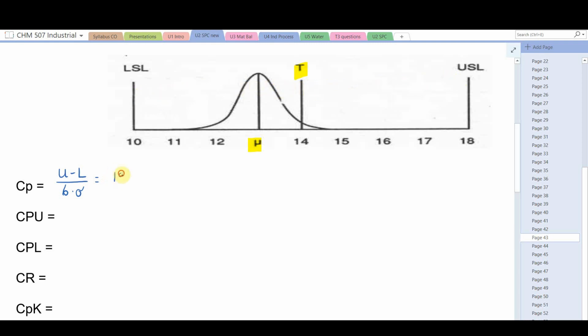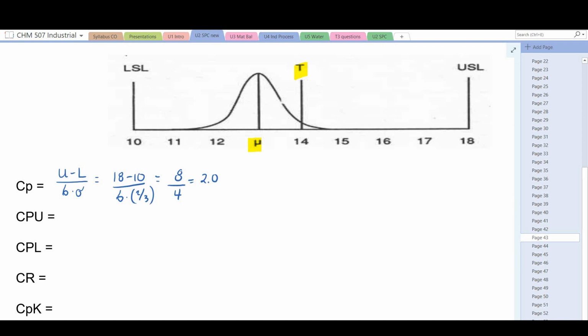That's equal to 18 minus 10 over 6 times 2/3. So that's 8 divided by 4 is 2.0. That's a pretty high process capability. All right, let's try the next one.